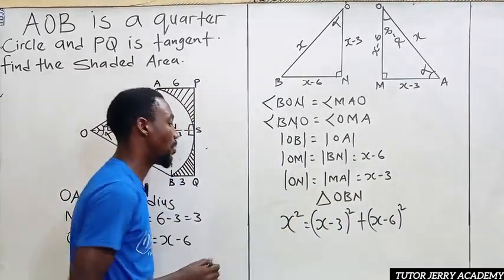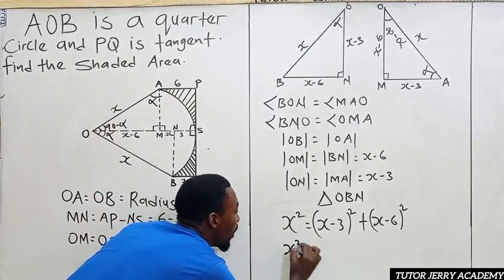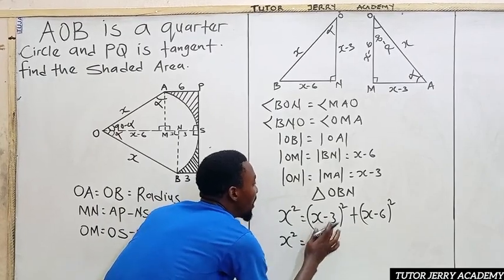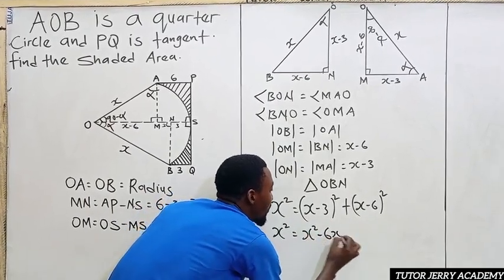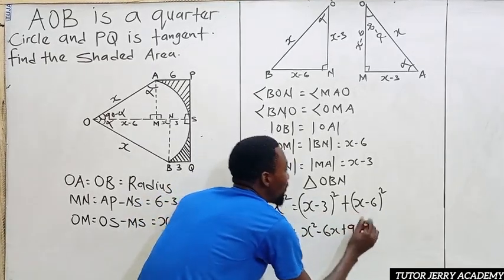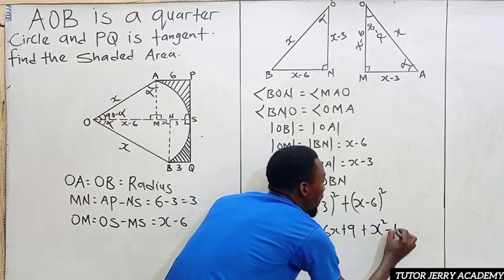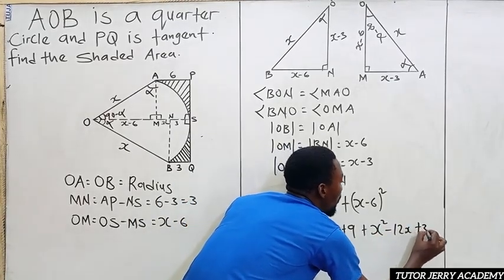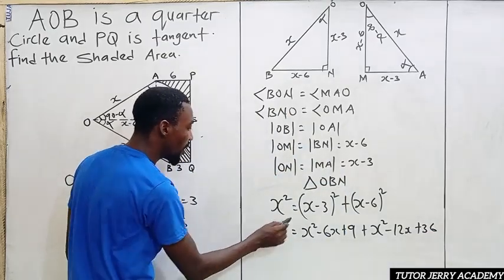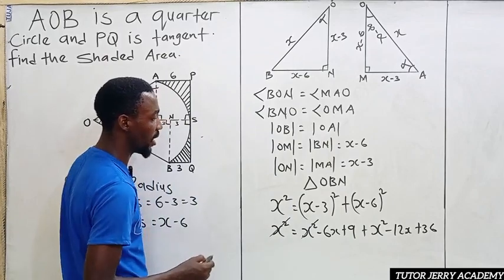Alright, so if we expand this, we are going to have S squared, this times this, that is minus 6S. Then if we put your square on this, we are going to have plus 9. Plus, if we expand this, we are going to have S squared minus 12S plus 36. Alright. So now, you observe that S squared will go with one of these S squared here.